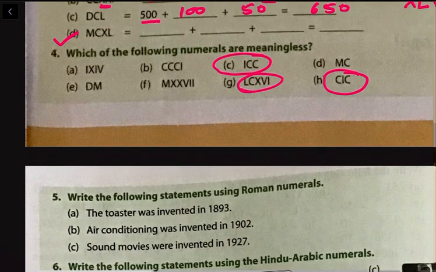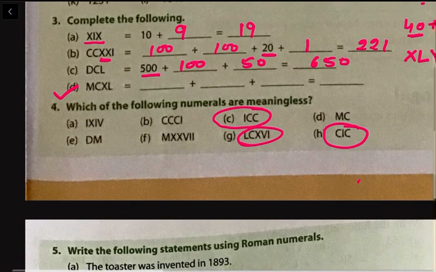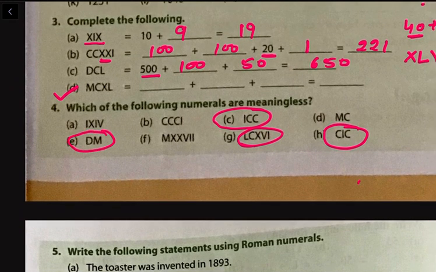And this one, DM: D cannot be written on the left hand side of M, so this is also meaningless. This one is meaningless, this is okay. This one is meaningless because IX is 9 and IV is 4, so this is meaningless. Okay, all these are okay. These have some meanings.